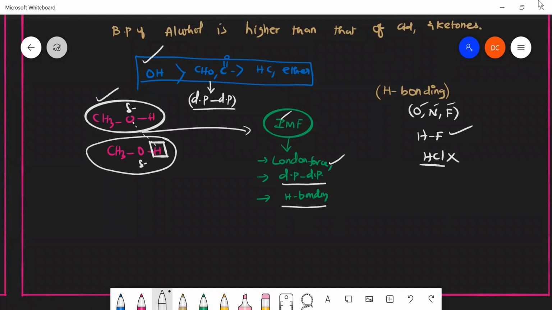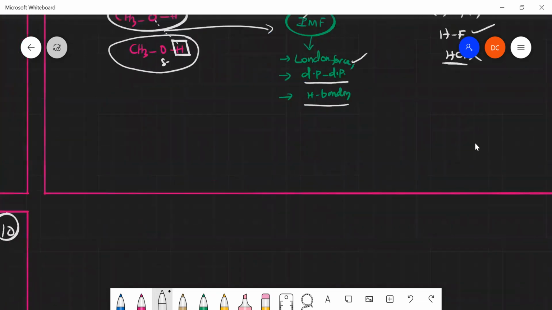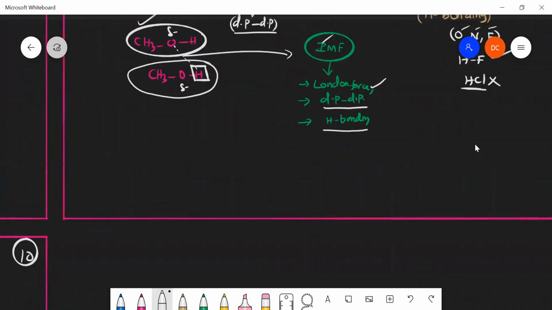But with aldehydes there is only dipole interaction. Suppose I take an aldehyde, CH3C double bond OH, and another molecule of aldehyde, CH3C double bond OH. Any chance of forming hydrogen bonding between them?